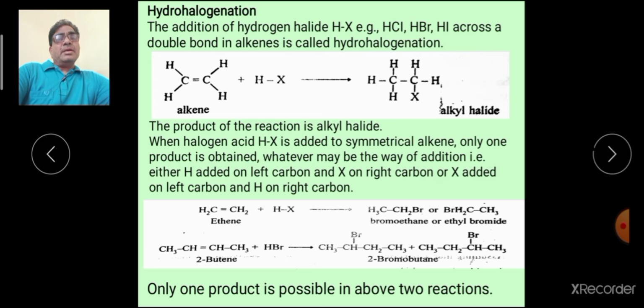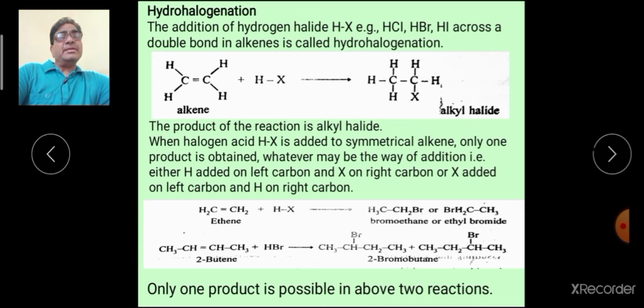When halogen acid HX is added to a symmetrical alkene, then only one product is obtained, whatever may be the way of addition.